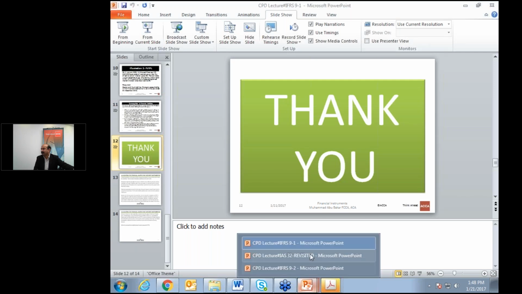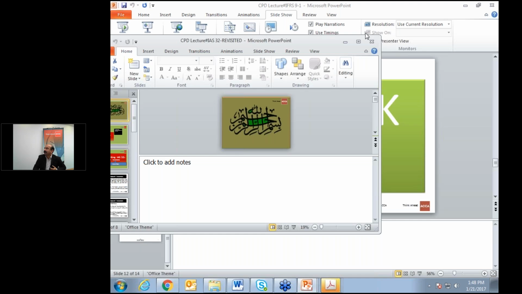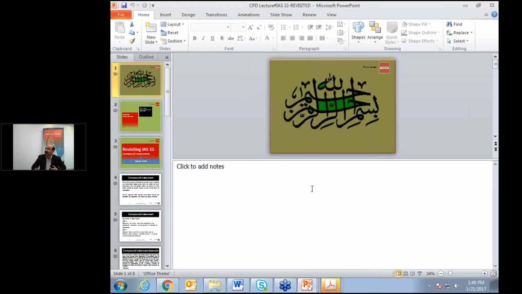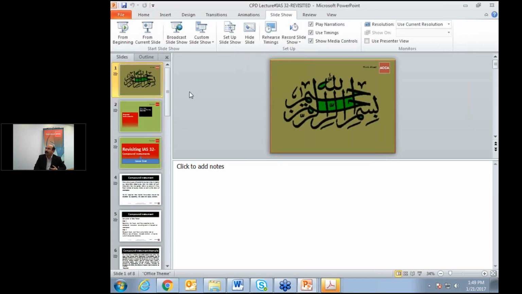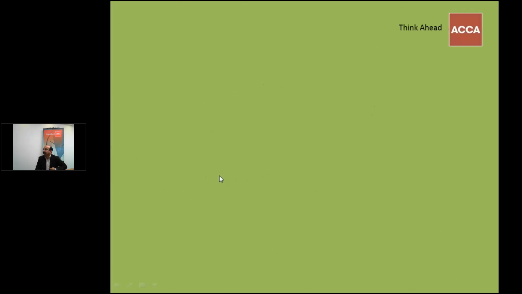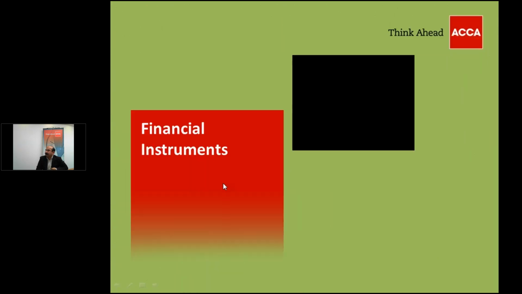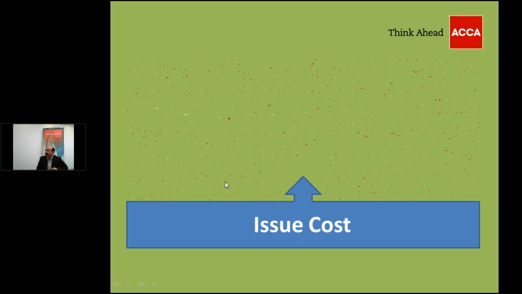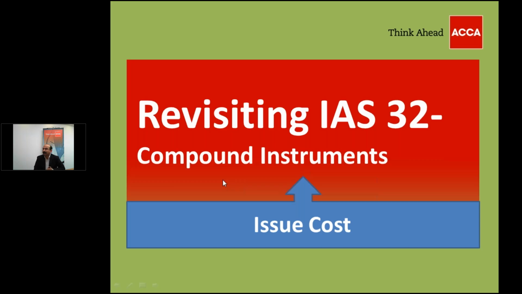Okay, let's revisit in order to understand certain aspects in International Accounting Standard 32: issue cost. Yesterday we had a discussion on IAS 32 and we discussed compound instruments as well. The basic concept will remain the same.